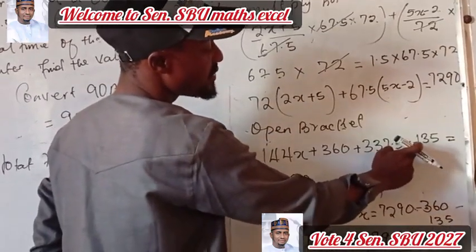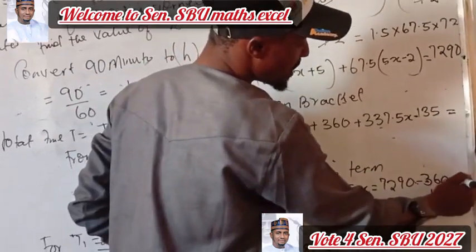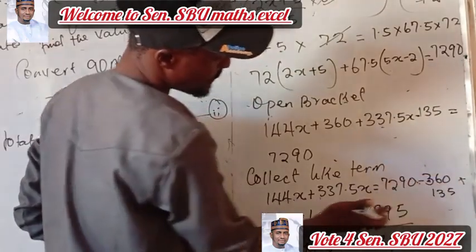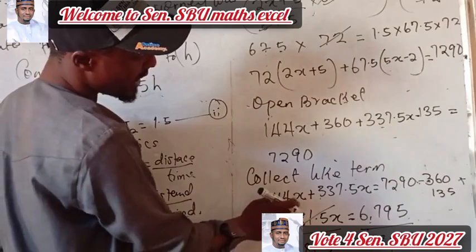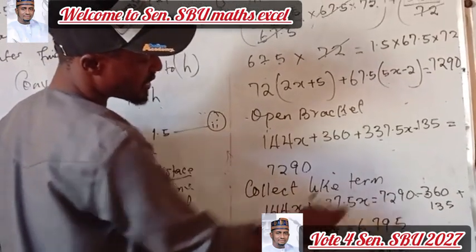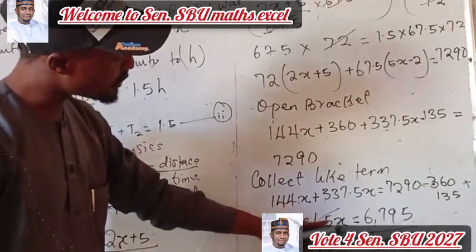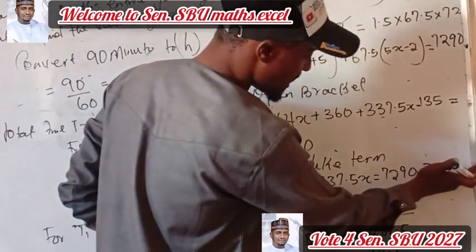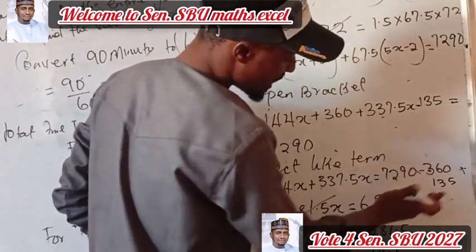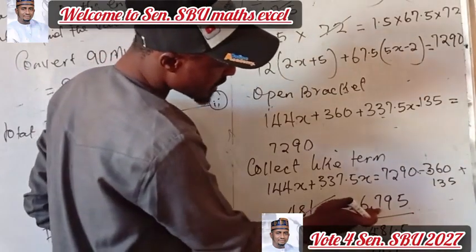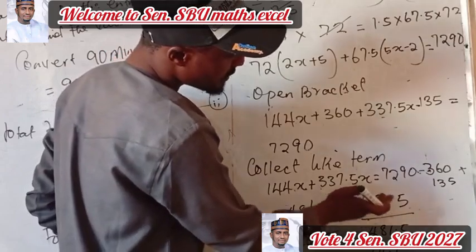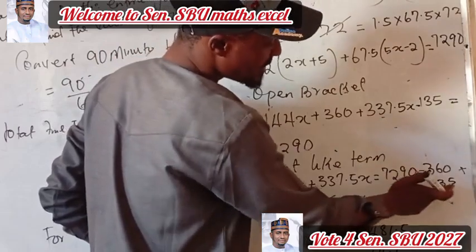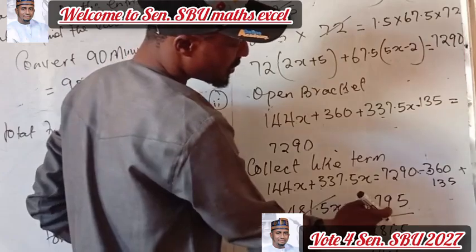Negative 135 goes here, it becomes positive 135. 144x plus 337.5x gives us 481.5x. If you sum up everything here, 7,290 minus 360 plus 135 equals 6,795.